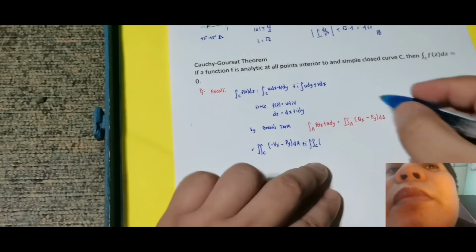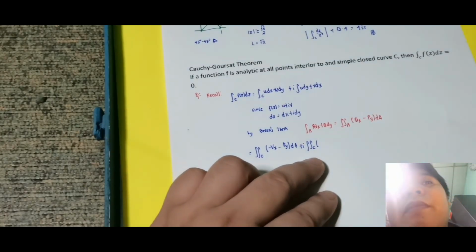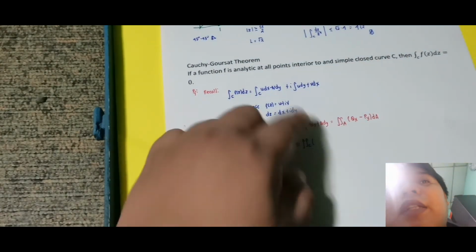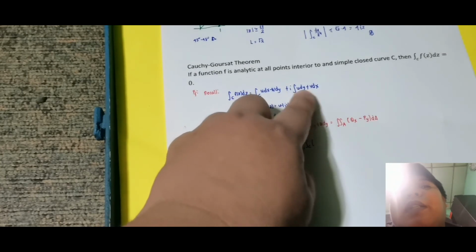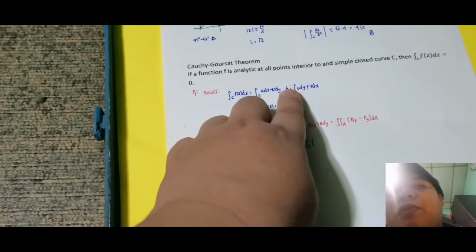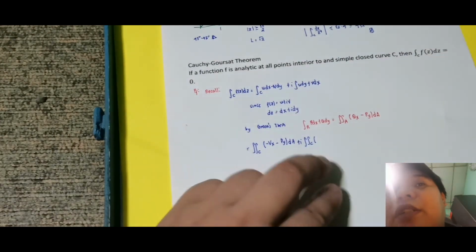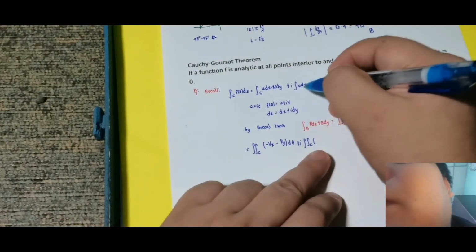This is partial of u with respect sa y, then partial of v with respect sa x.